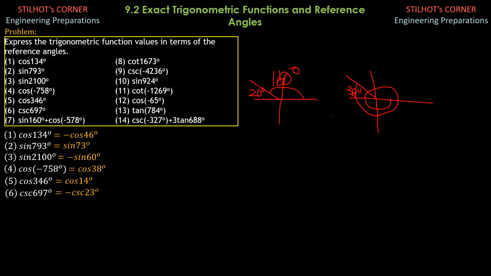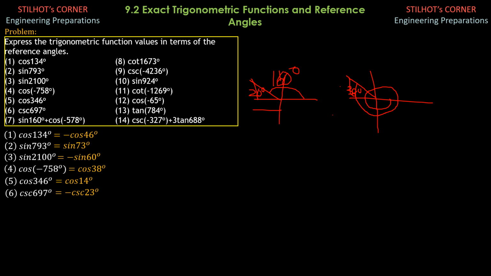So therefore, the reference angle is 38 degrees. Both 160 degrees and negative 578 degrees fall in the second quadrant, and in the second quadrant, sine is positive, y over r, and cosine is negative, x over r.